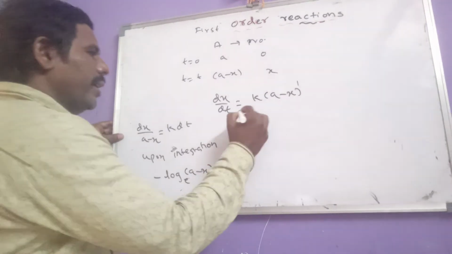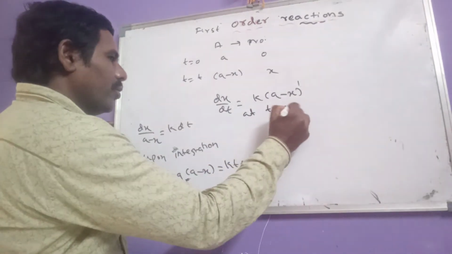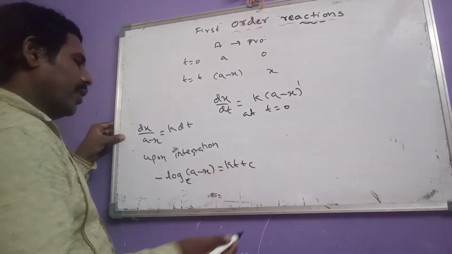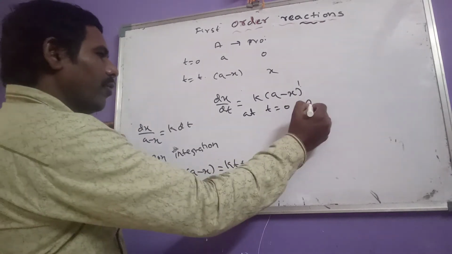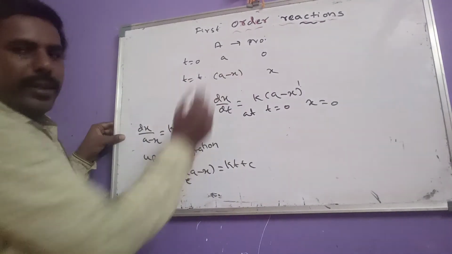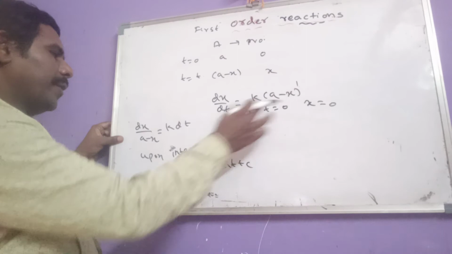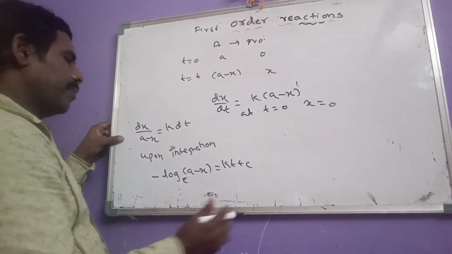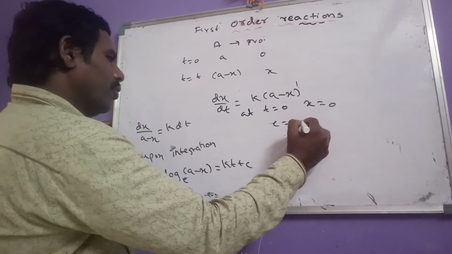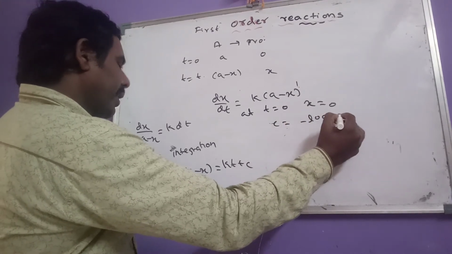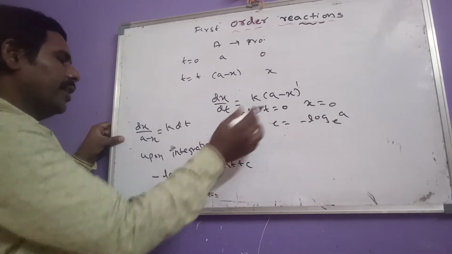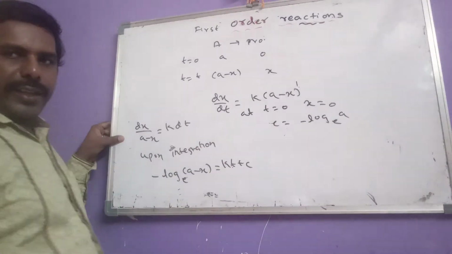At time t equal to 0, x equal to 0, because at the initial time the product is not yet formed. By substituting these values in this expression, we get c equals minus log base e a.